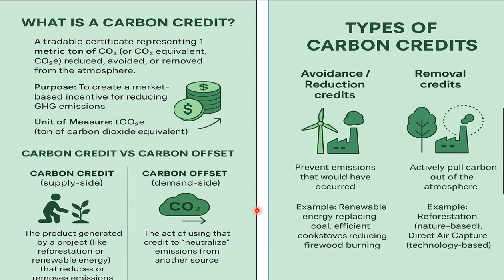Now, this process of using a carbon credit, retiring the carbon credit, is called the carbon offset. We are offsetting the carbon. The company is offsetting the carbon. So carbon credit is the supply side, right? Generation of carbon credit, the product generated by a project, and the act of using that credit to neutralize emissions from another source is called the carbon offset.